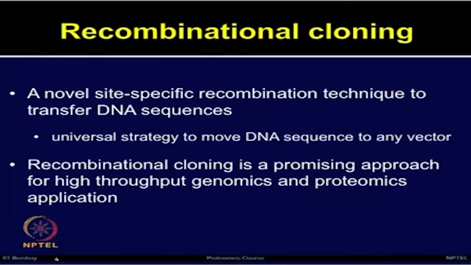Recombinational cloning is a universal strategy to move a DNA sequence to any given vector. This is a very promising approach, especially when one looks for high throughput applications such as genomics and proteomics.